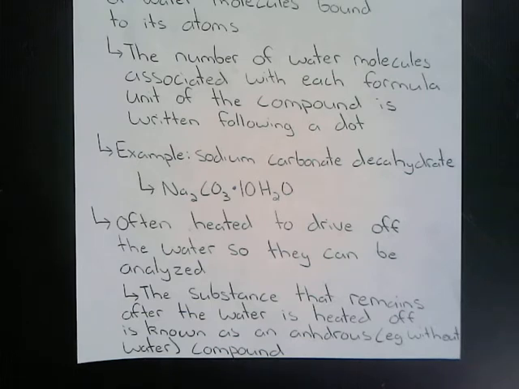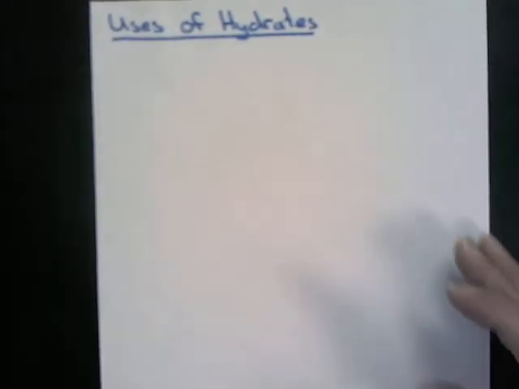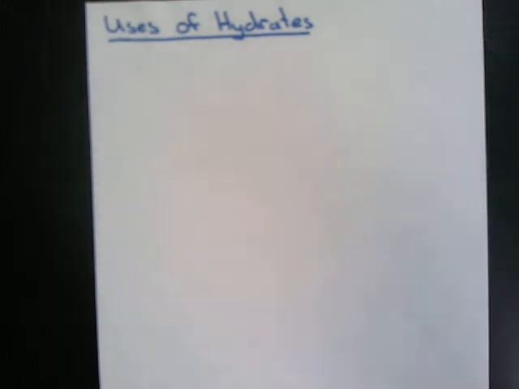Now, you may be wondering, okay, we have compounds. What's the whole point of these hydrates? What can they do for us? So just to list a couple of things that hydrates are useful for, we have the following. Anhydrous forms of hydrates are often used to absorb water, especially during shipment of electronic and optical equipment.